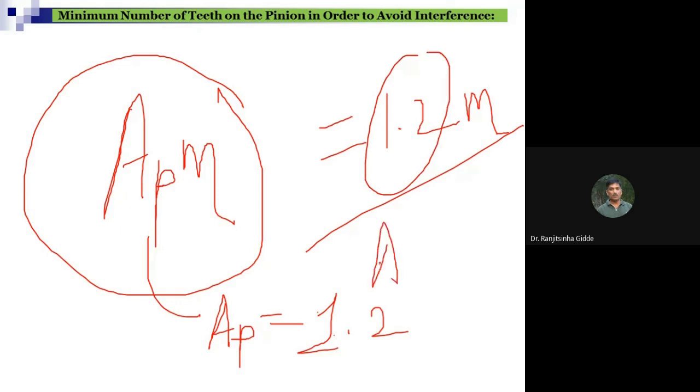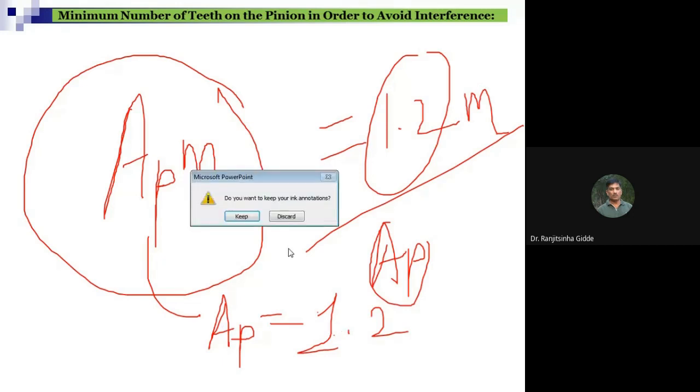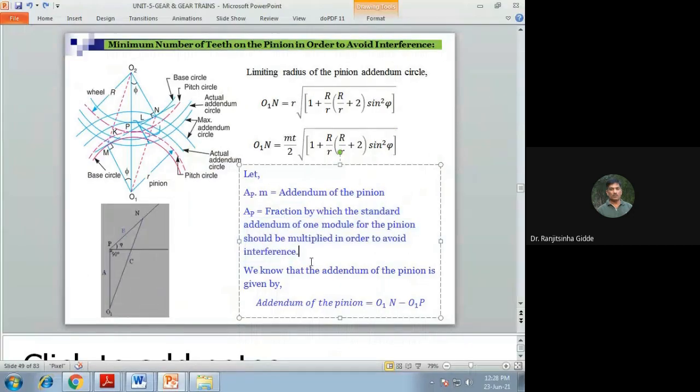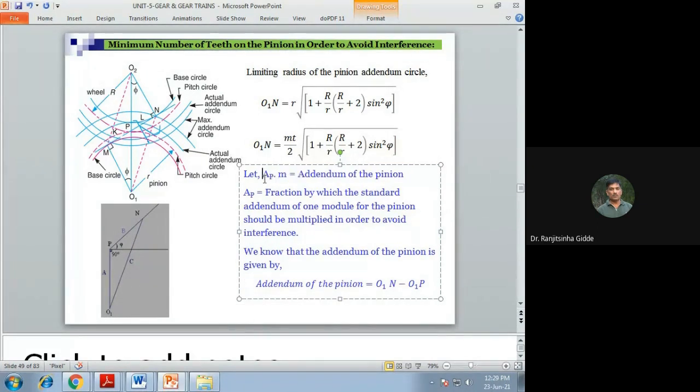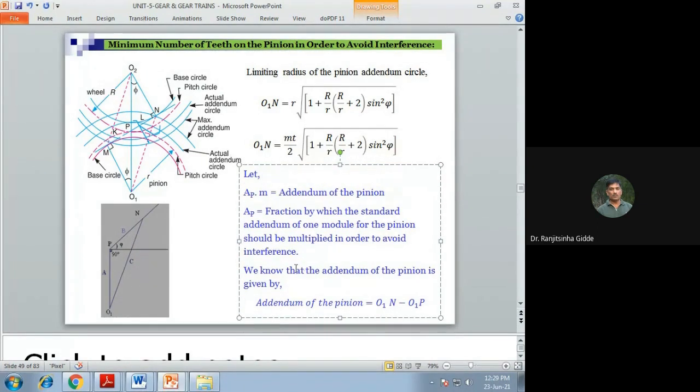So this AP is nothing but the fraction that we are going to consider. Similarly, for the minimum number of teeth on the wheel, we are going to write AW. AW means the fraction by which the standard addendum of the wheel should be multiplied.